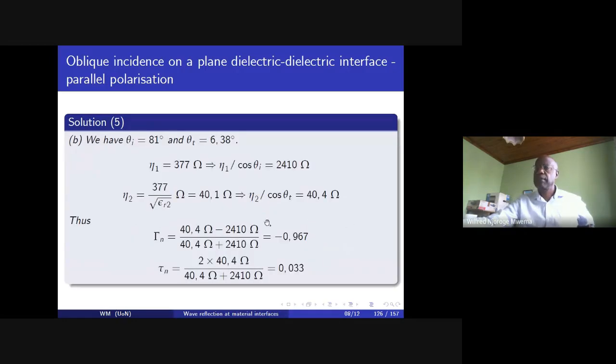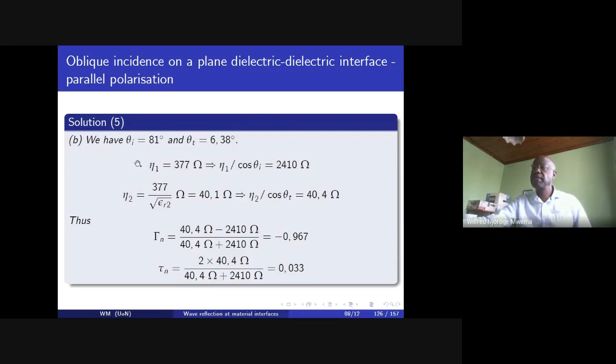interface. For part B, we know that the angle of incidence is the Brewster angle for the parallel polarized wave, and therefore the angle of incidence is just 81 degrees that we have computed in part A. And we know that the angle of transmission is going to be theta t equal to 6.38. We already saw before that Snell's law of refraction and Snell's law of reflection are the same for either polarization.